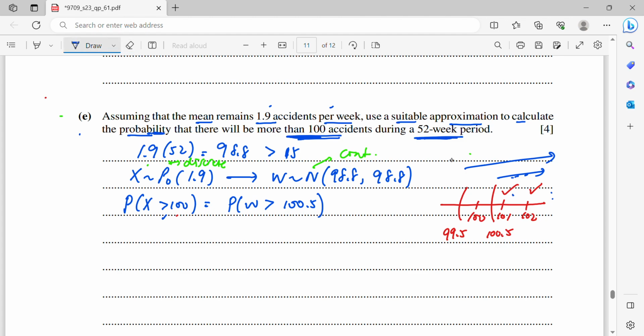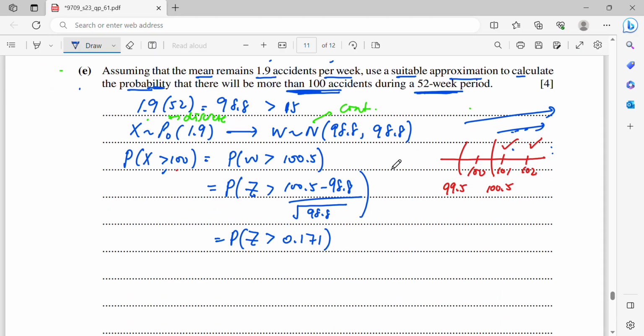Okay, so then now my W is normally distributed, which means now I have to standardize it. So I standardize it by subtracting 98.8 from 100.5, over the square root of 98.8, which is our standard deviation. Then from here, you will get P(Z more than 0.171). Okay, once you get this standardized normal random variable, sketch a graph, label 0.171, and the region is greater than.